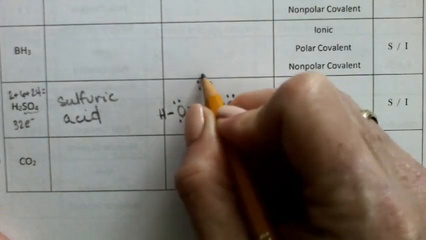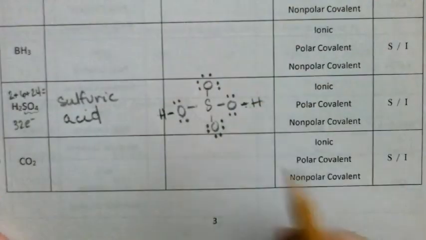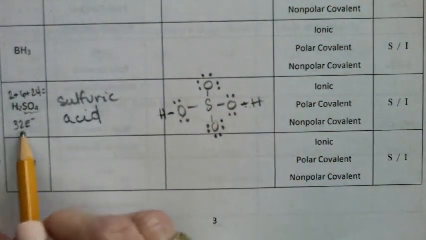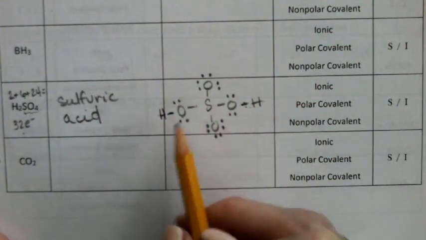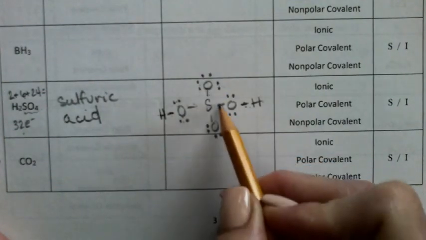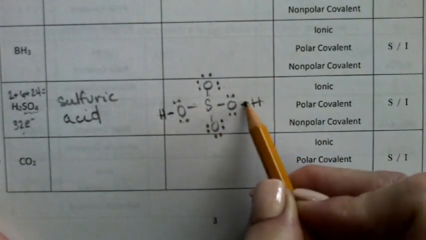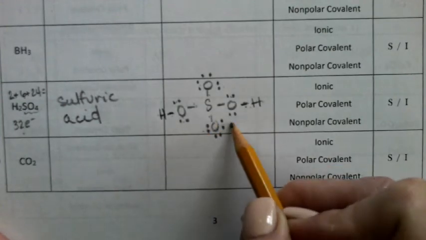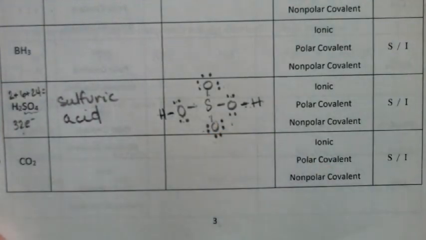Give that an octet, and then count electrons. That looks like a whole bunch of electrons, and I only needed 32. 2, 4, 6, 8, 10, 12, 14, 16, 18, 20, 22, 24, 26, 28, 30. Oh my gosh. Okay, well, it just doesn't look beautiful, but maybe it's 32 electrons. I don't know what to say about it.